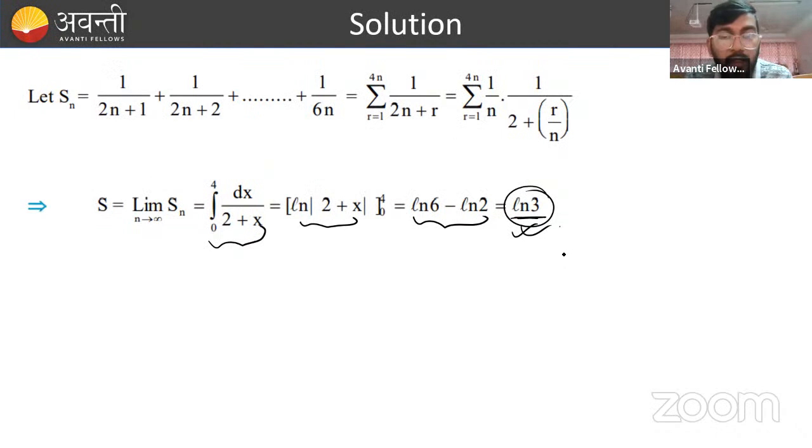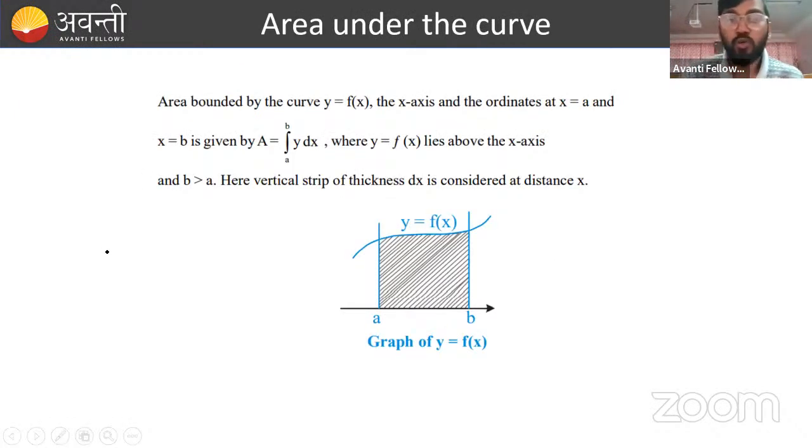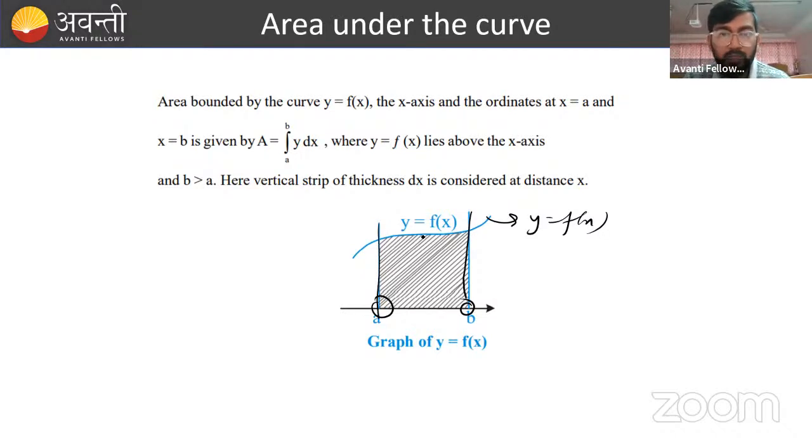Okay. Area under curve. So what do we mean by area under the curve? There is a curve which is already given to us, y equals f of x. The first thing to be noted is that this curve is continuous from a to b, and we have been asked to find the area bounded by the curve, the x-axis and the lines x equals a and x equals b.